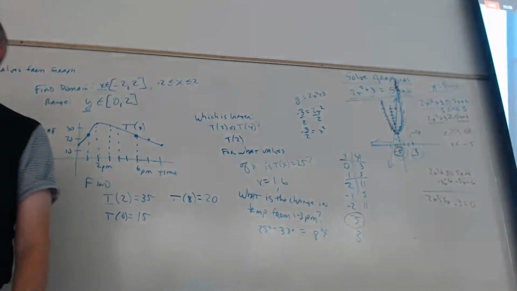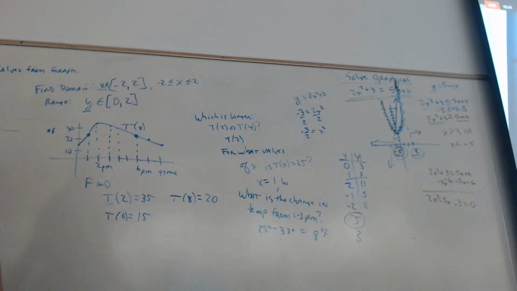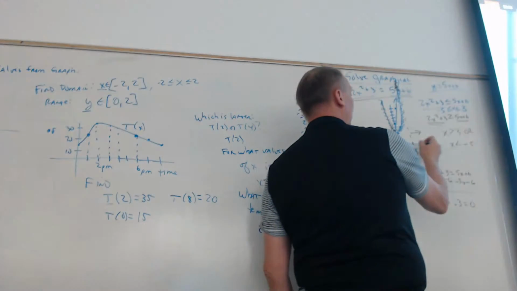Quadratic formula. Quadratic formula, he went there straight. Okay, that'll work, but I would prefer that you would factor this. Is it factorable? Yeah, I mean, I'm cheating because I know what the answers are going to be.